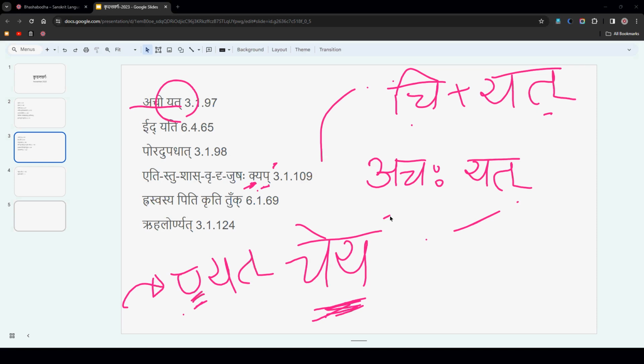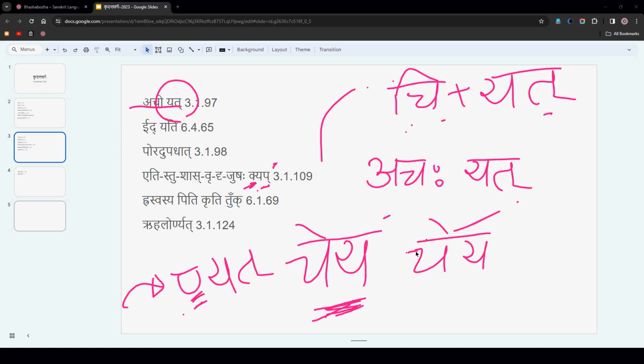Then what happens? The chi becomes che, that is a guna. The ikara's guna is e, then cheya.